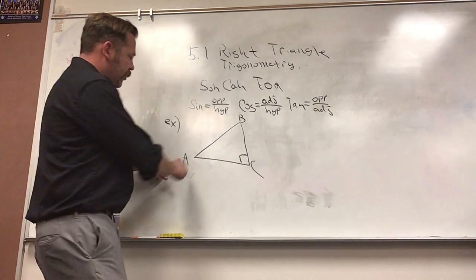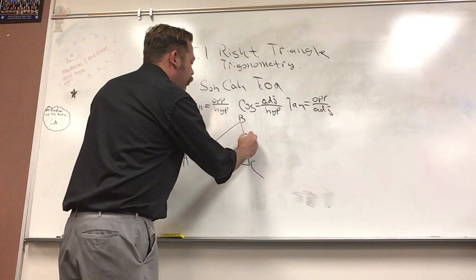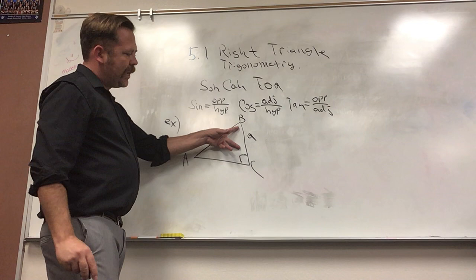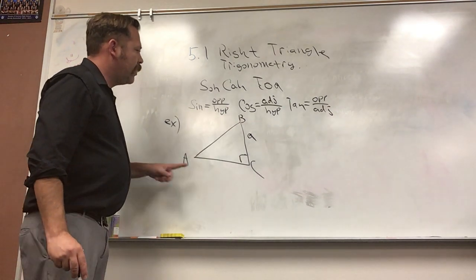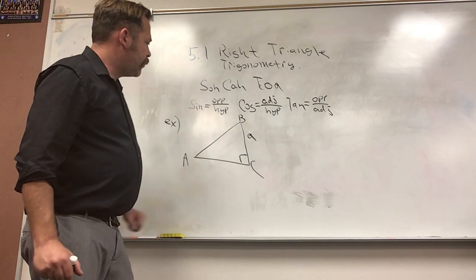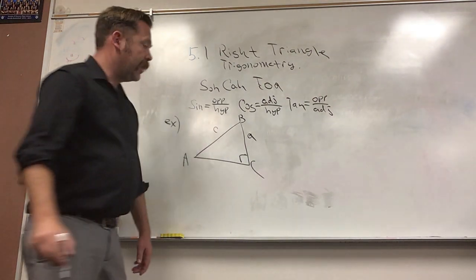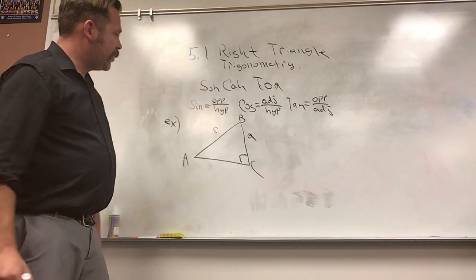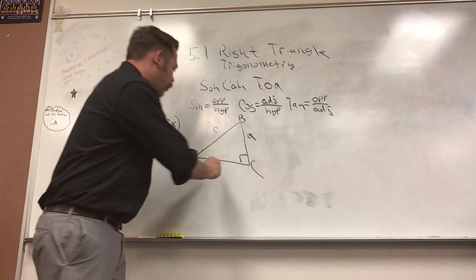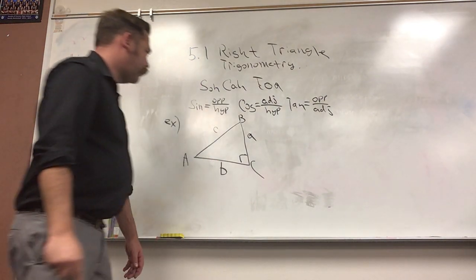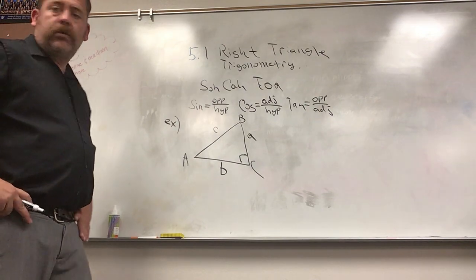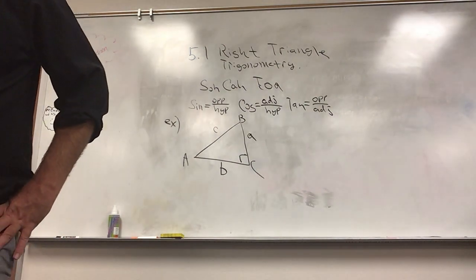Well, the side opposite from A, we'll call lowercase a, because that side corresponds to this angle. The side opposite from C, we'll call lowercase c. And the side opposite from angle B, we'll call lowercase b.